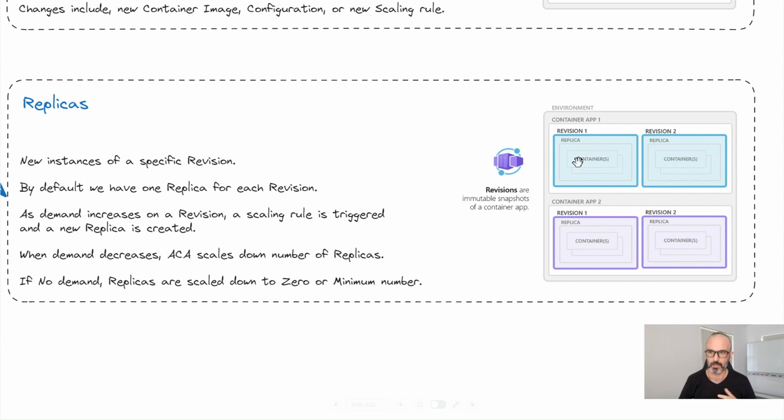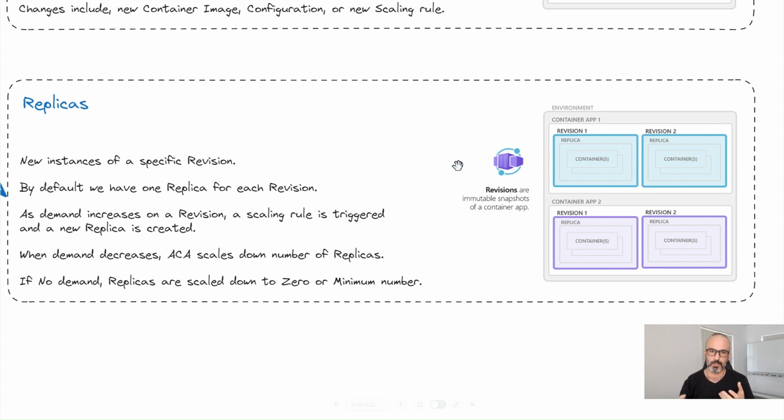As demand increases on a revision and we need to scale our container app, Azure Container Apps would start to scale up, as in scale out horizontally, creating more replicas of our revision to deal with the increase in demand.